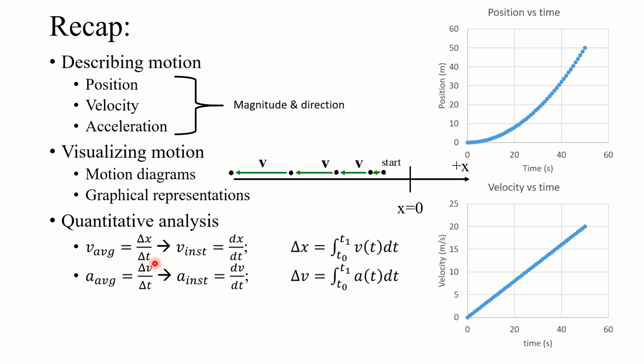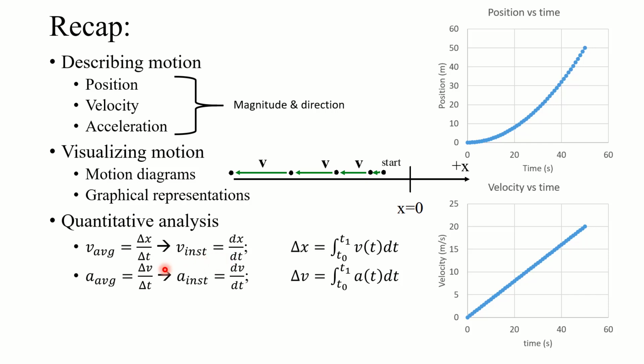And then in our quantitative analysis, velocity was defined as the change in position over the change in time, where that's the average velocity for whatever that time interval is. We then took the limit of small delta t, with delta t going to zero, and that ends up being just the derivative, and it gives us our instantaneous velocity, the velocity at that instant in time.